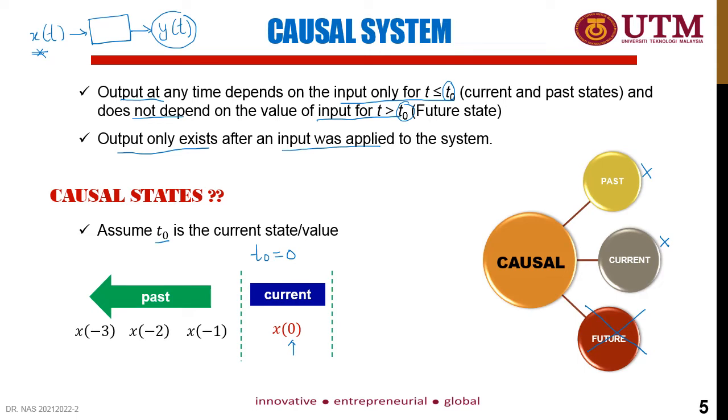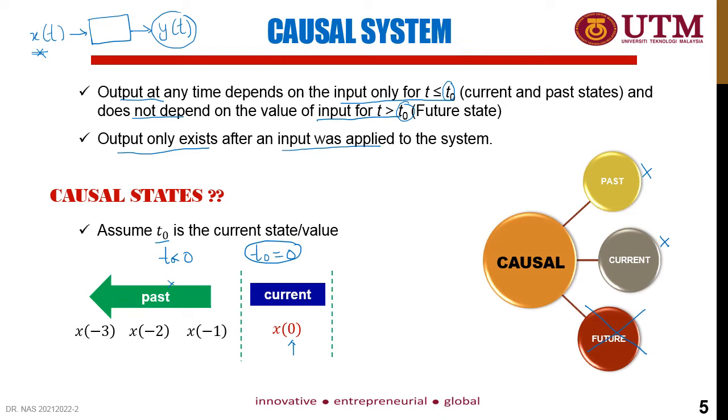What is the past state or the previous state? It is when your t is less than 0. This is the current state, so the past or previous state happens when t is less than 0.